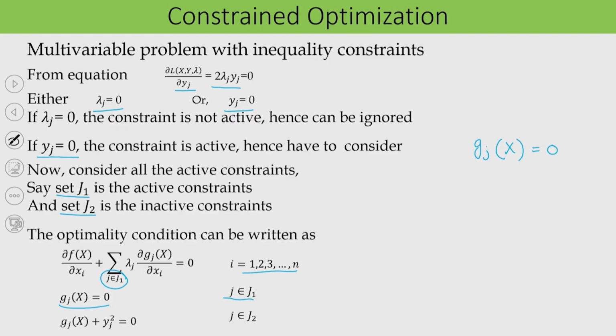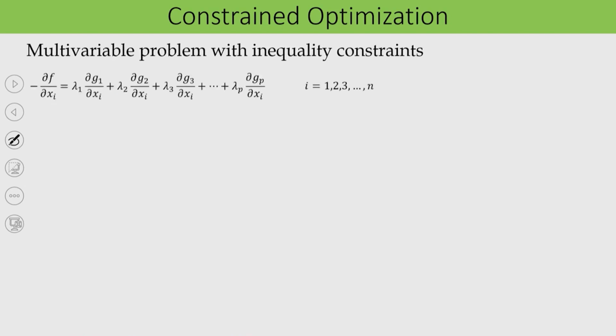And we have the inactive constraints, that is z_j(x) plus y_j equal to 0. For these constraints lambda is equal to 0. So, these are inactive constraints.